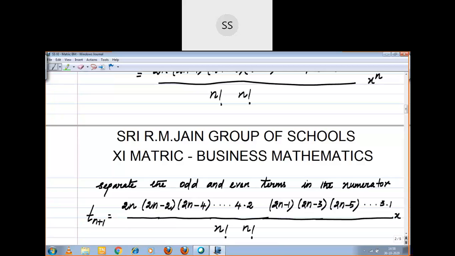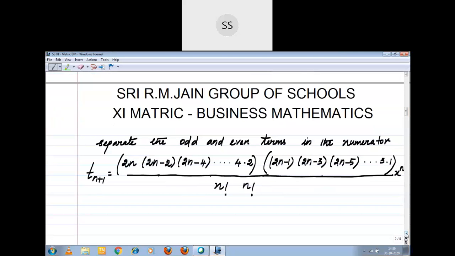Now, the whole thing divided by n factorial into n factorial. Here you have to write x power n, right? The numerator, it is a multiplication, so you can write like this, right? 2n into 2n minus 2, these are even terms, these are all odd terms. Now you see, in the even terms, which number is common?